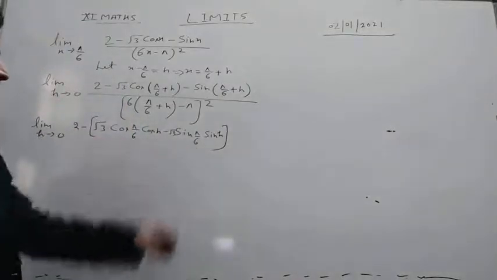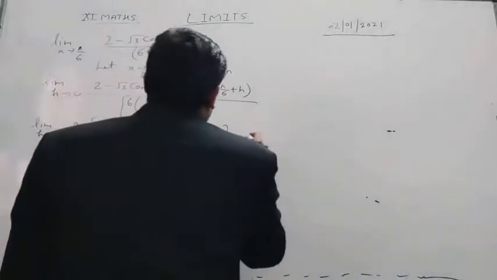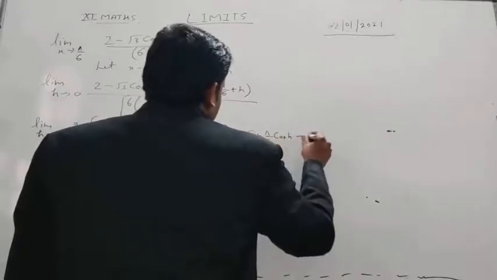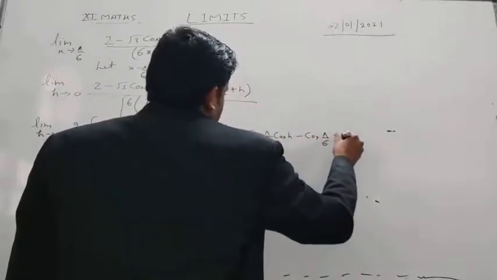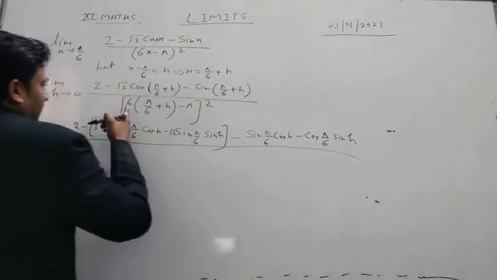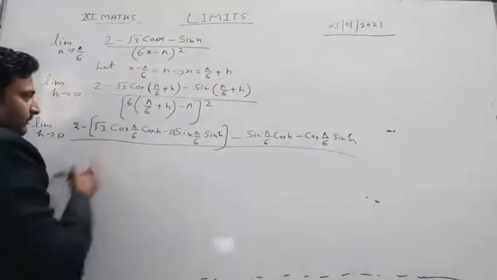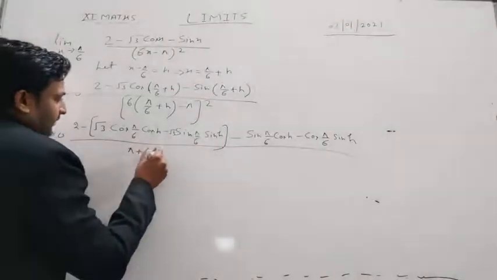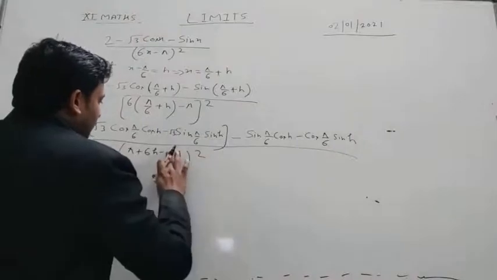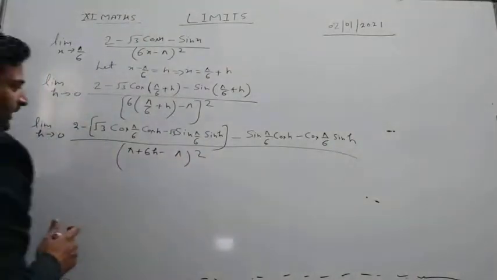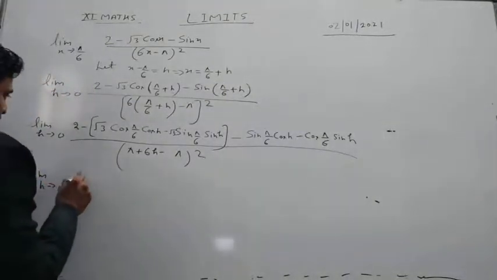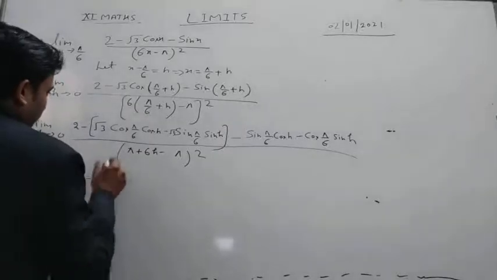And this is again sin(a plus b), sin a cos b plus cos a sin b. Divided by, multiplying inside with 6, we get pi plus 6h minus pi whole square.